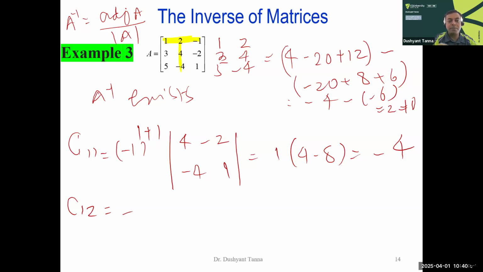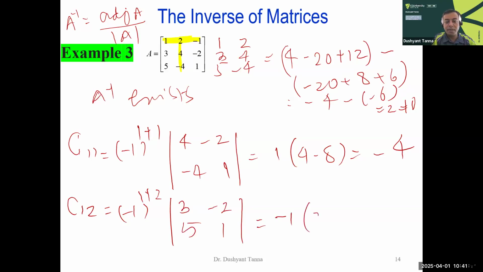Minus 1 power 1 plus 2. 5 and 1. That is minus 1 outside. Inside is 3 minus plus 10. And that gives minus 13.